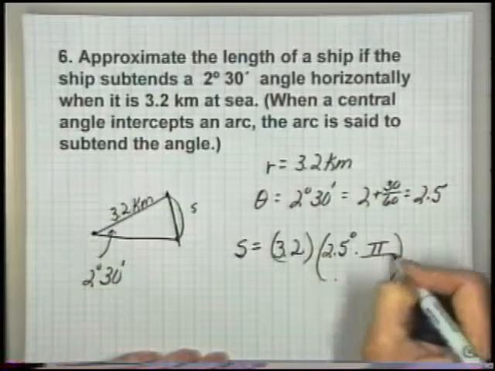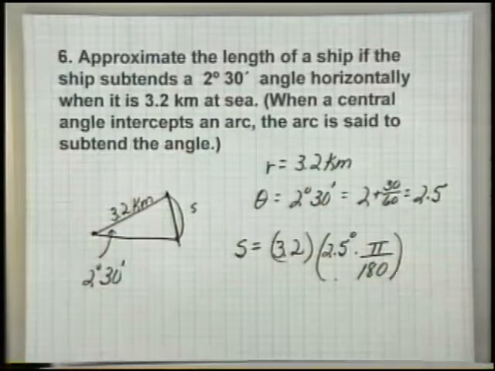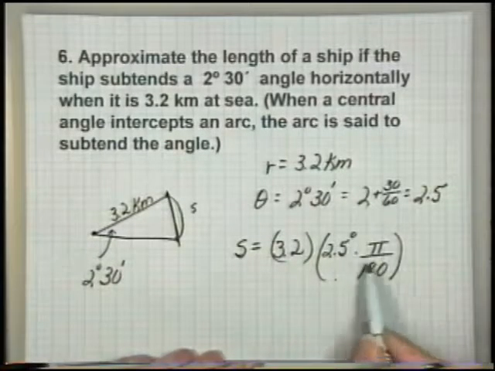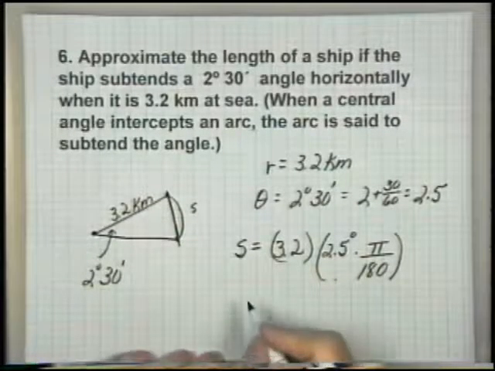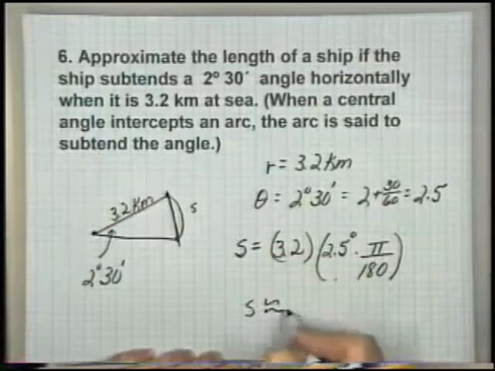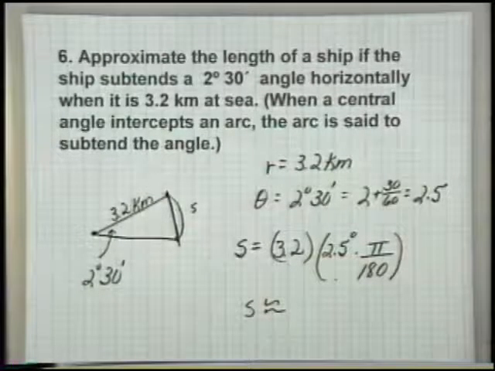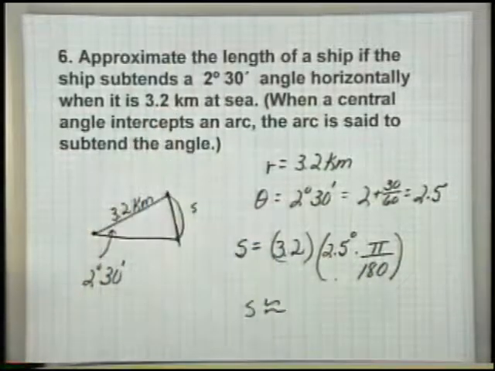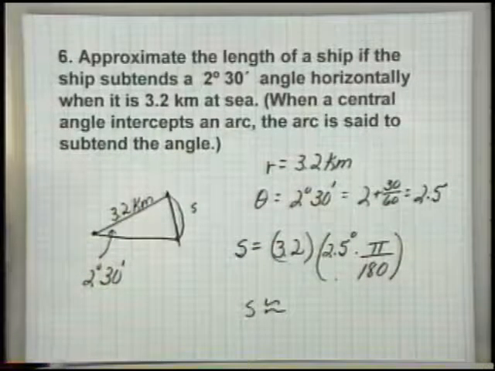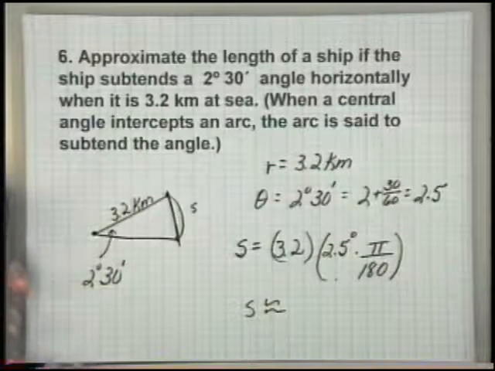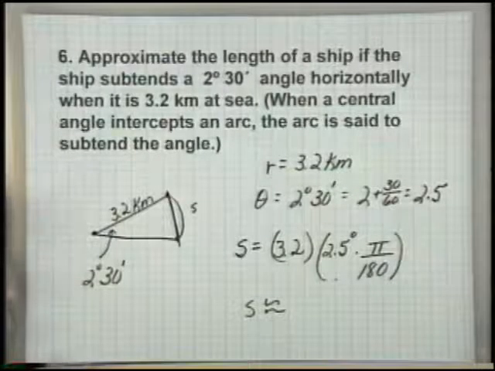You can do that in your calculator. So we'll take 2.5 degrees and multiply it by pi, and we'll have an approximate value here. It looks like this is just a 2-digit, so that's what we'll round to.